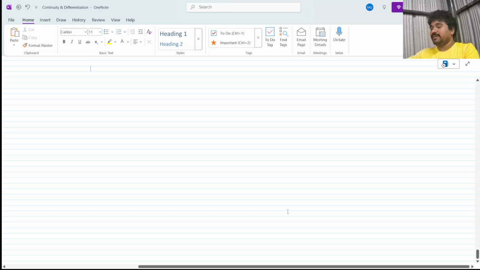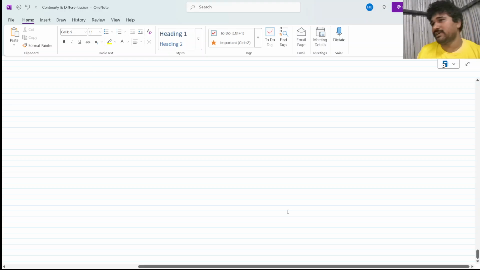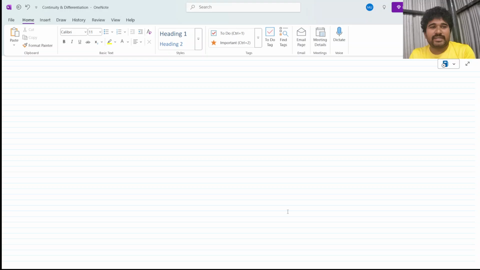We started differentiation in the last class. Correct? Only one formula we learned. What is that one formula?